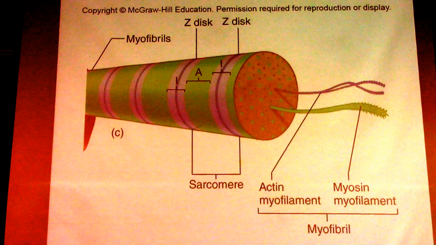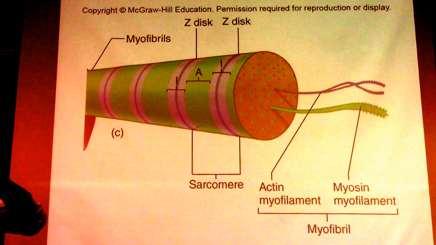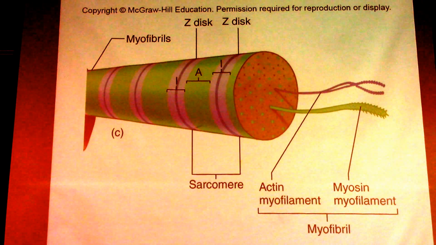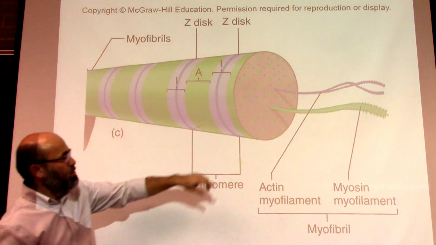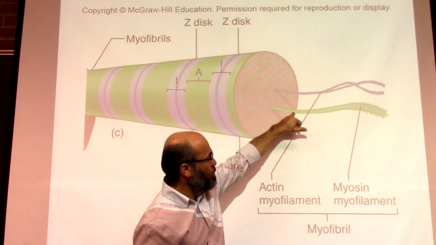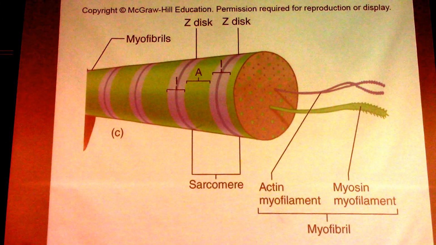All right. So now this is again a single myofibril. There could be several different myofibrils running through a single muscle fiber, a single muscle cell. Those are the two strings of actin protein, and this is one thicker string of myosin filament.